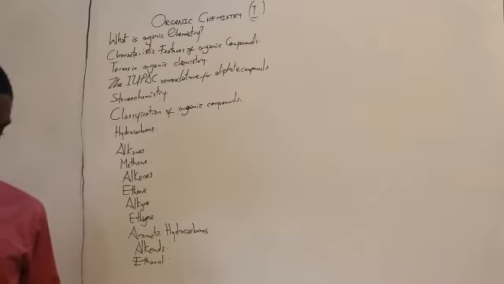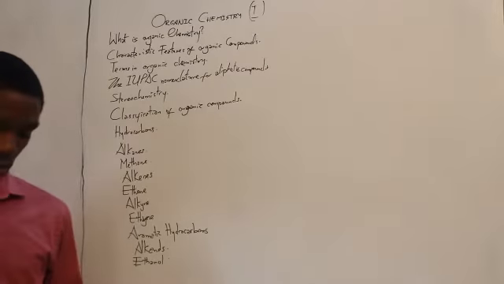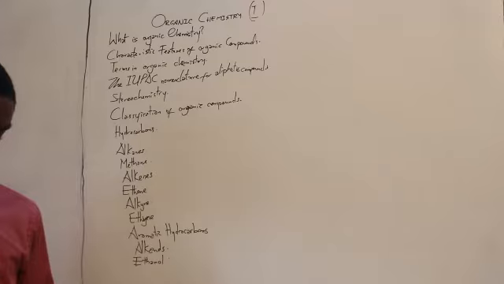The homologous series refers to the family of organic compounds which follows a regular structural pattern. That's the homologous series, a specific family, the pattern that a particular family follows.